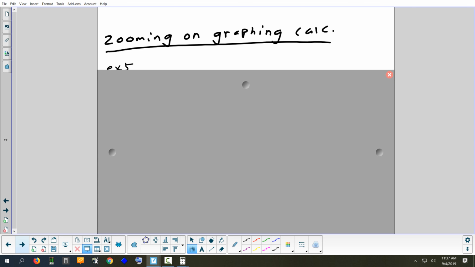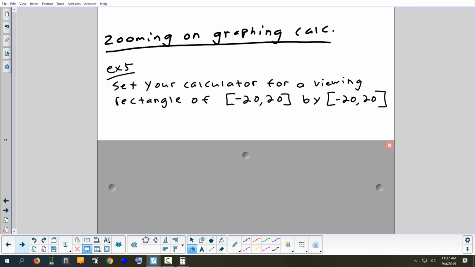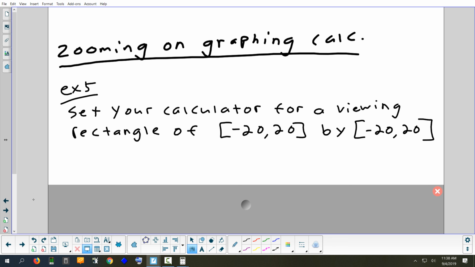Okay, so zooming on a graphing calculator. Zooming basically changes how much you see on the screen. When they tell you to do this, there's 4 values they're telling me to type in. Those 2 values are for your x-axis. This is called your x-min. This is your x-max.